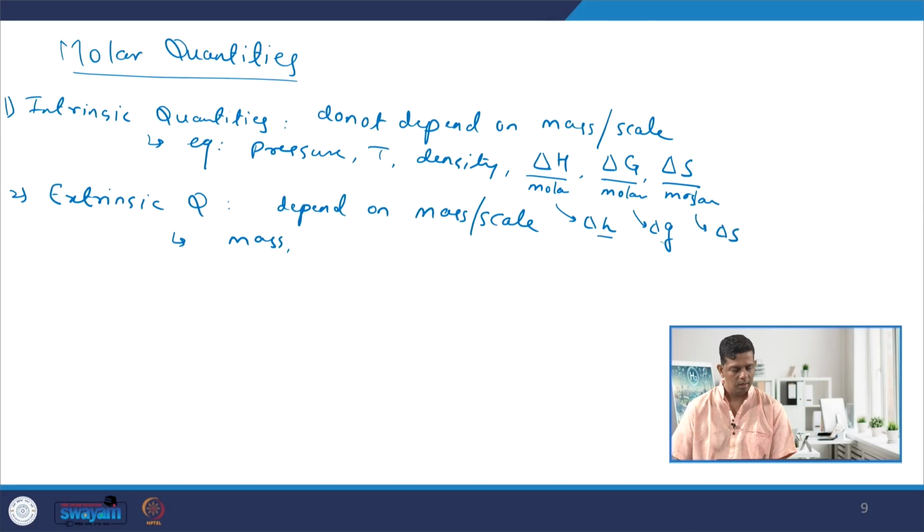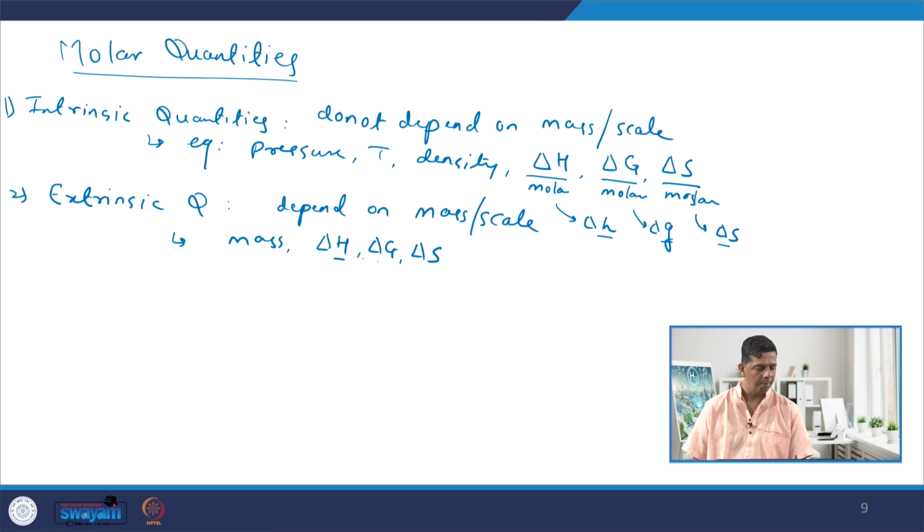The smaller representations of these capital terms mean they are intrinsic quantities or on a molar basis. Coming to extrinsic quantities, the same terms are written as delta H, delta G, or delta S. When we write capital letters, that means they are extrinsic quantities that depend on mass. The entire mass is taken care of in these terms. So, this is what we will be using most of the time, and let us write the reactions.